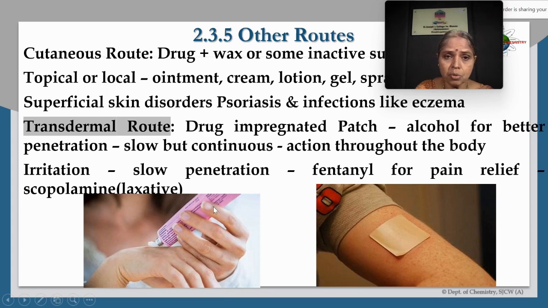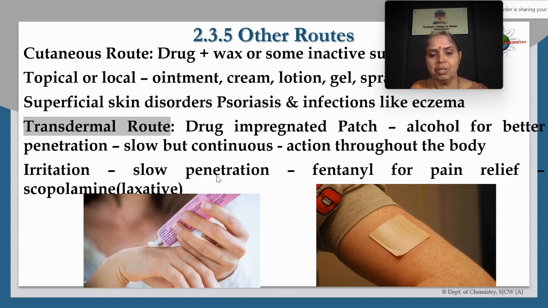The cutaneous route is only local application and local effect, but the transdermal route, where the drug is introduced in the form of a patch, is slow, but it is continuous. Action will be felt throughout the body, but this particular route can also cause some irritation. Penetration is very low. Somebody is really sick, some palliative care is required. Unbearable pain is there for the person.